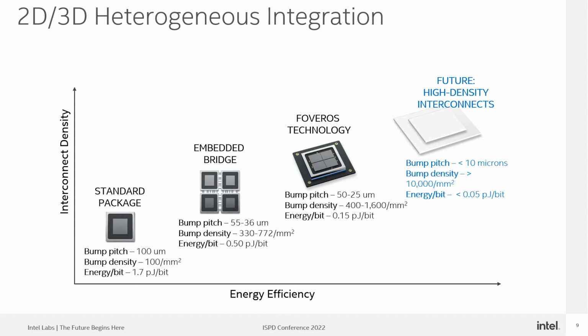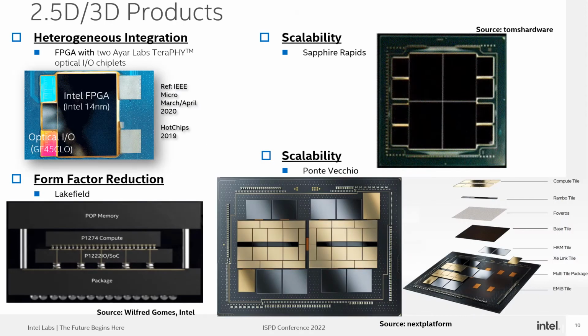Today we are at about 0.3, 0.2 picojoules per bit in 3D stacking, and in 2.5D we are about 0.5. So we have to accommodate a lot of bumps and also make sure that we are under the power envelope that is supported by the power delivery and the thermal solutions.